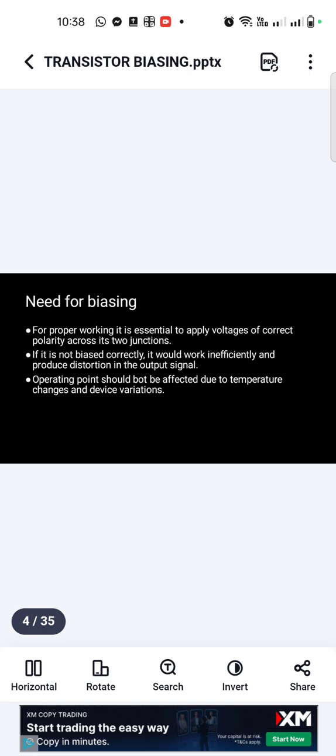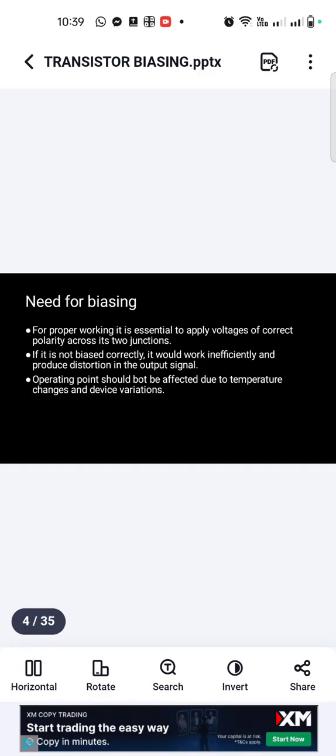Otherwise, in some situations it may be positive clipping or negative clipping. This is for unstable condition. If it is positive clipping or negative clipping, we are unable to receive the original signal. That's why this biasing is very important.